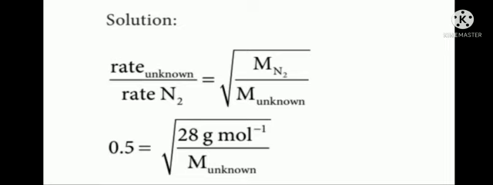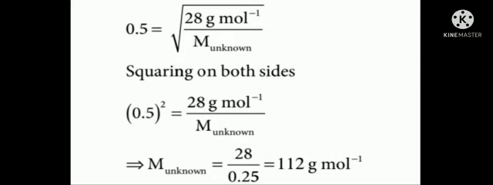So, it can be written as 0.5 equals square root of 28 gram mole power minus 1 divided by M unknown. Squaring on both sides, we get 0.5 the whole square is equal to 28 gram mole power minus 1 divided by M unknown. Here 0.5 the whole square is 0.25.